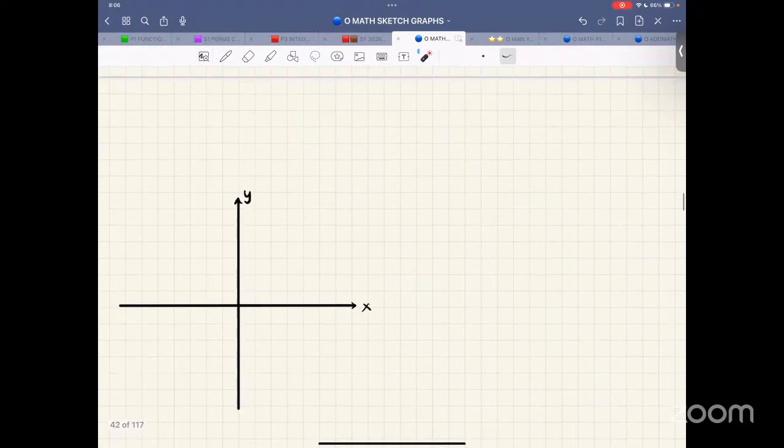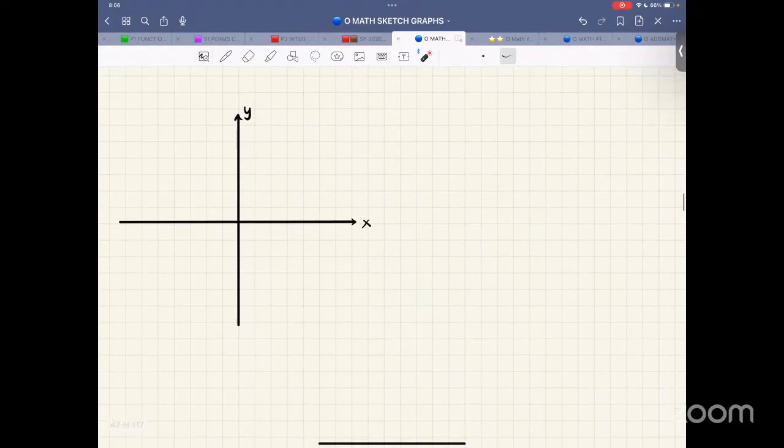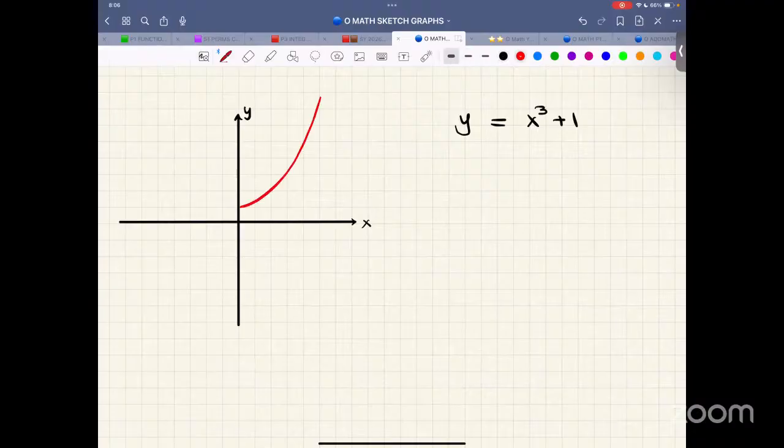Okay, so now over here, if I write it like this, y equals x cubed plus 1. So x cubed plus 1 is: draw that x cubed and shift it up by 1 unit. So that goes like this and like this.